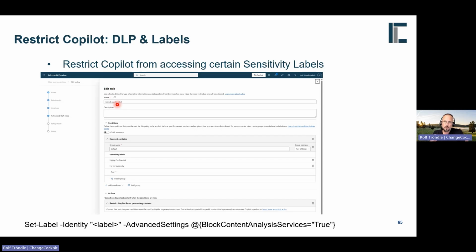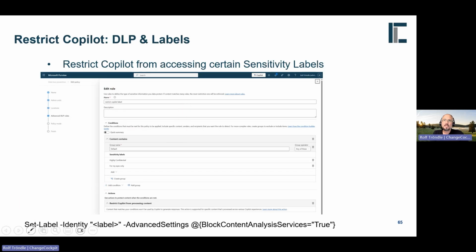So this information could be taken out from the sensitivity label document, and then placed into a non-protected area like a planner task. That's why it's very important to restrict Copilot from such things.